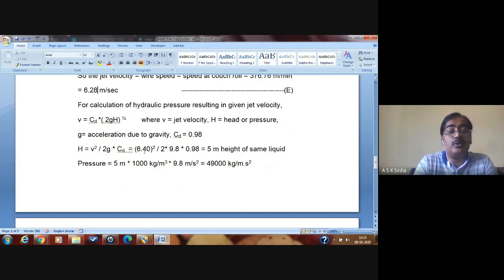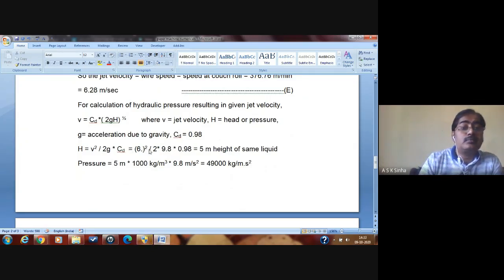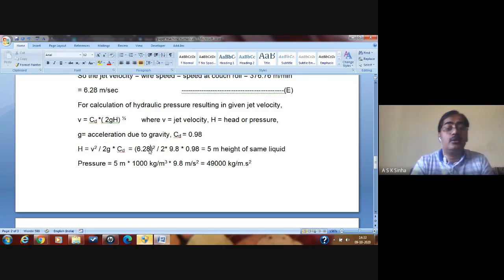So put the values of all the parameters given here. So here we will be taking the 6.28 velocity here. So now see how much figure we will be getting. 6.28 into 6.28 here. Then divided by 2. Again divided by 9.8, and again divided by 0.98. So this will be coming, having the correction here.